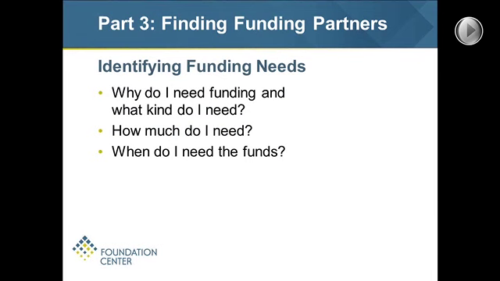When do you need the funding by? You should give yourself at least 6 to 9 months at the minimum to do the research you need, write an effective proposal, and submit it to the funder, and then they have to go through their process as well, which could take them 3 to 6 months. So it could really take you about 6 to 9 months from start to finish of this process.